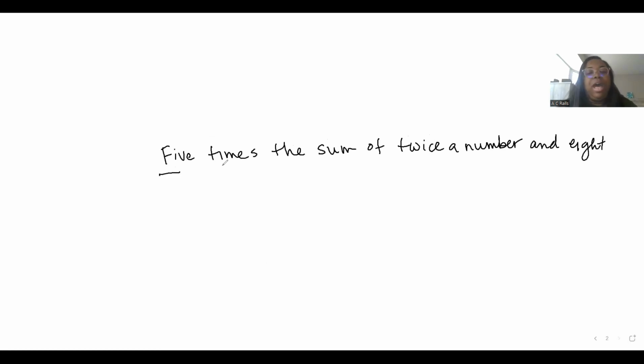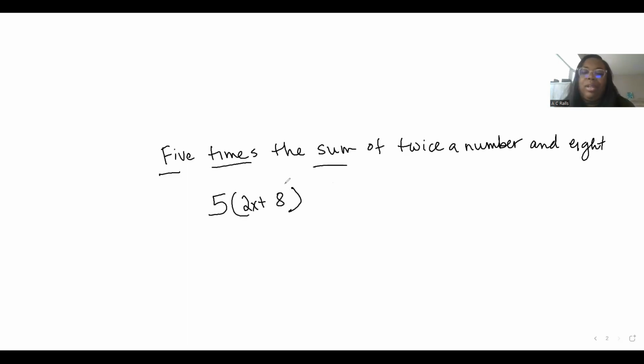So this says 5 times the sum. So if 5 is being multiplied by a sum, then you have to make sure it's literally being multiplied by a sum. 5 multiplied by the sum of twice a number and 8.